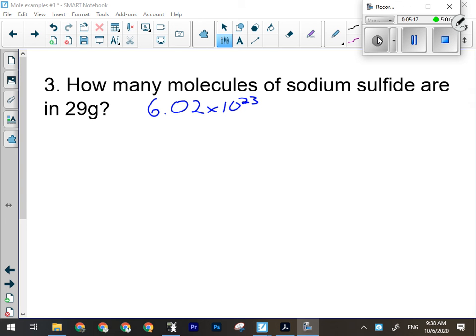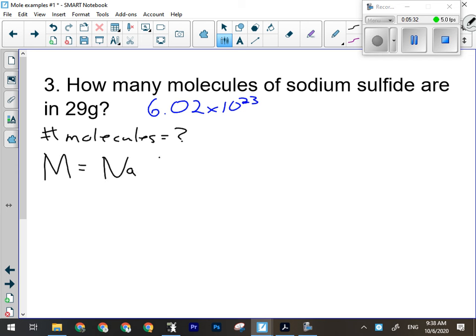So in this one, we're looking for the number of molecules. We know that this stuff is sodium sulfide, so we can calculate big M. Sodium with sulfide: that's a -2, that's a +1, so we're looking at Na2S for our formula, which is going to be 22.99 times 2 plus 32.07, that's our sulfur.